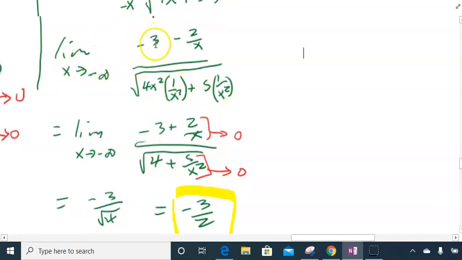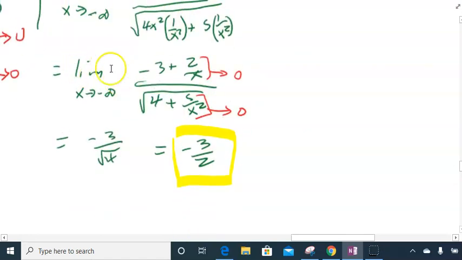It becomes negative 3 plus 2 over x, all over the square root of 4x squared times the square root of 1 over x squared. Reason being, this becomes 1 over x squared because negative x times negative x is positive x squared, times 1 over x squared.